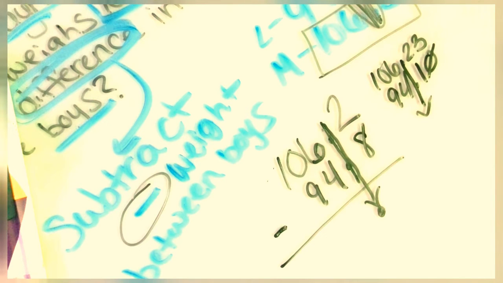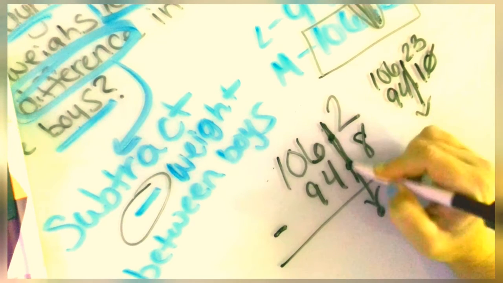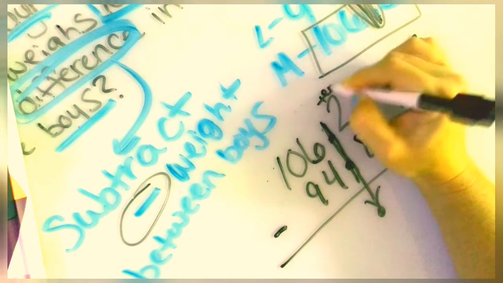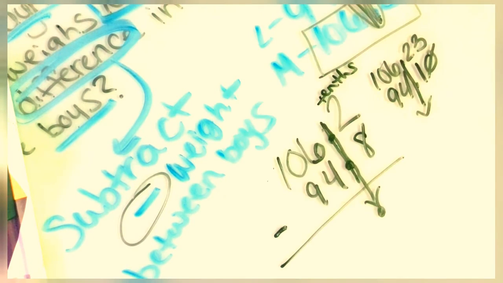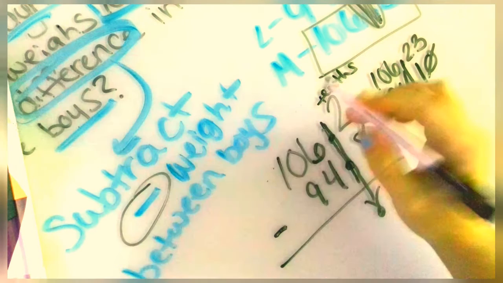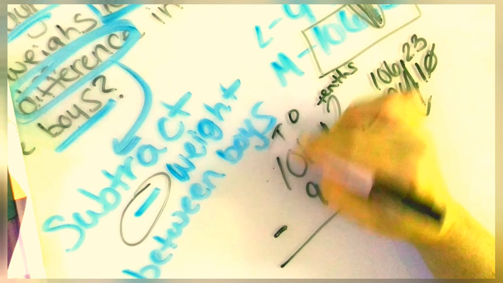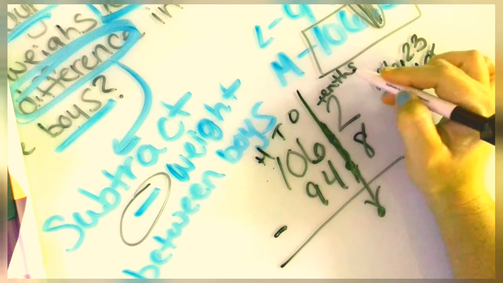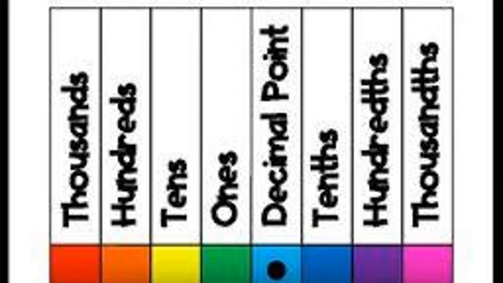And that will hold your place value. So your decimals, they're putting you to the tenths place. So remember, this is ones, tens, hundreds. When we go to the other side, we start with the TH. Tenths.